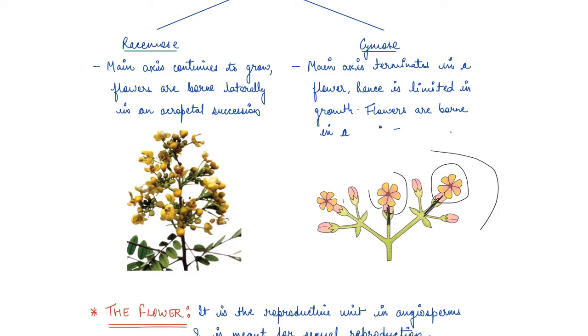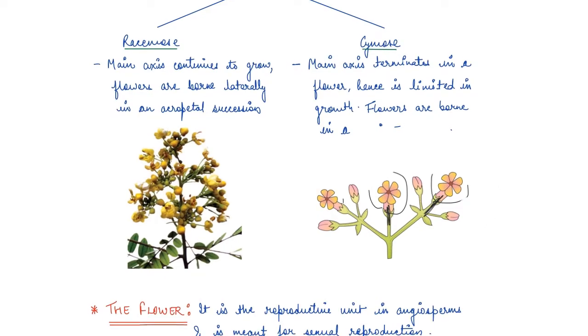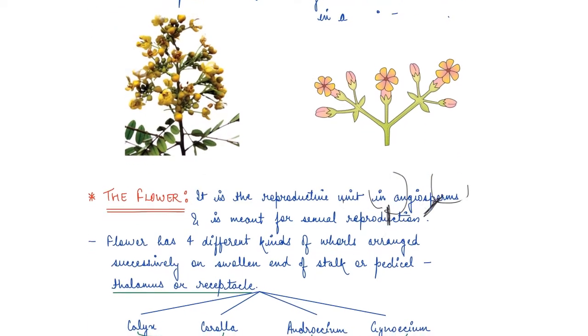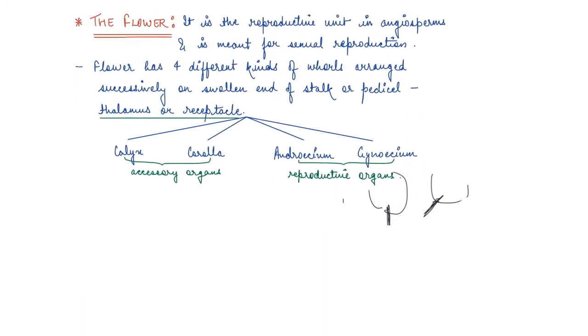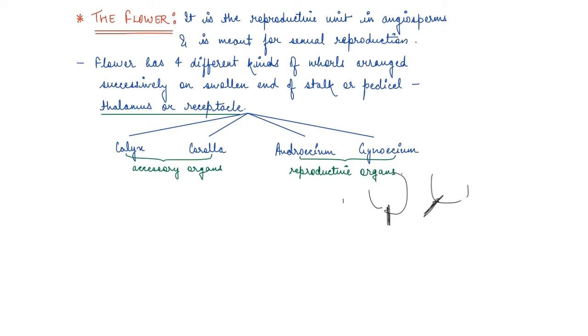Now what exactly is a flower? So a flower is nothing but a reproductive unit in angiosperms, right? Am I wrong? No, right? So flower is nothing but the reproductive structure in angiosperms. So basically it is meant for sexual reproduction, right?